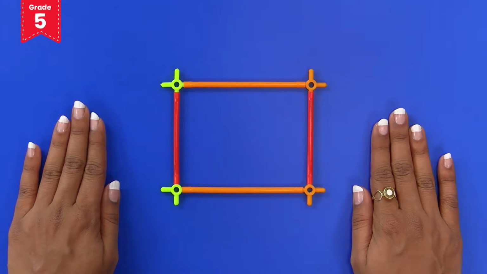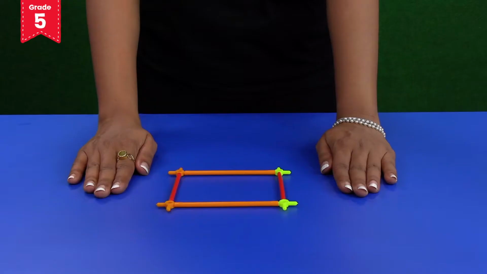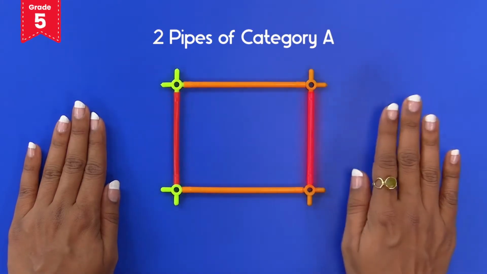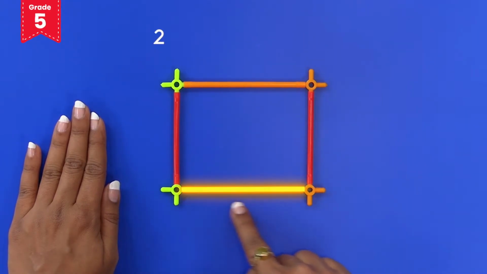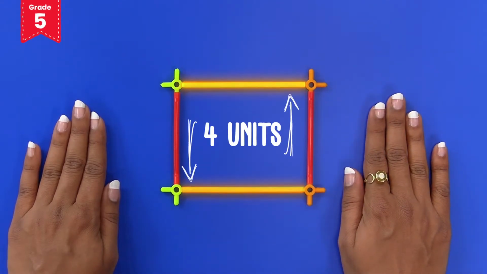Let's recall what an area is. Area is the measure of the space occupied by a 2D shape. We have built this rectangular shape in the same manner as we have done earlier, using two pipes of category A whose length is 3 units and using two pipes of category B whose length is 4 units.